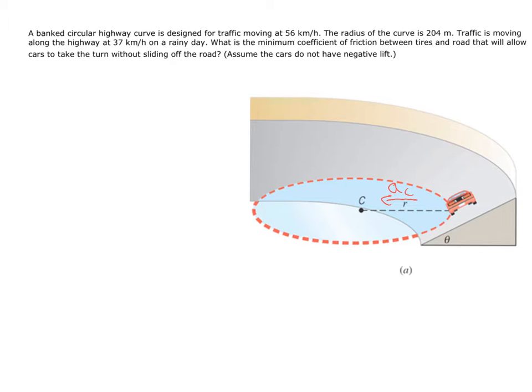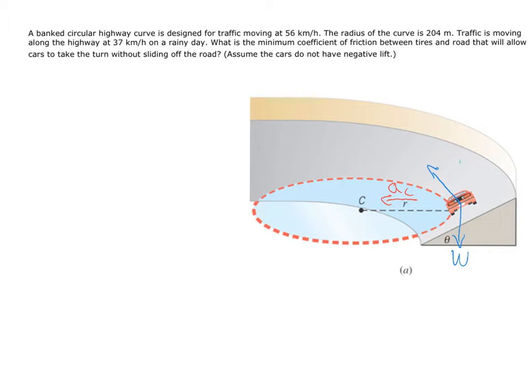If you're not using friction at all, the only force remaining to provide that centripetal force is a component of your normal force. Let's look at the free body diagram. We have our weight going straight down, and the normal force perpendicular to the road, and that's all.